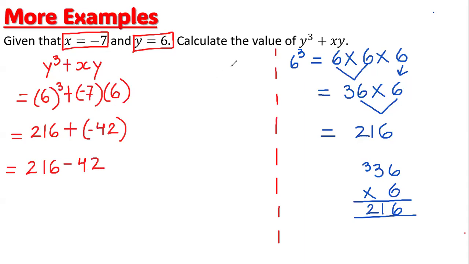216 take away 42. What does it give me? 174. 6 minus 2 is 4. 1 minus 4, we can't, so we put the 1 there, making it 11. 11 minus 4 is 7.